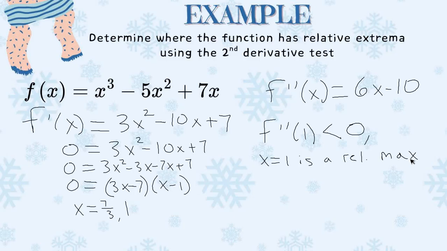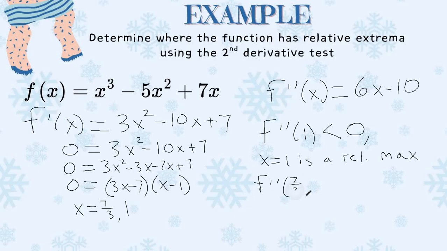If we plug in 7/3, what do we get? Right? Because 3 goes into 6 2 times. So 7 times 2 gives us 14. 14 minus 10 gives us positive 4.